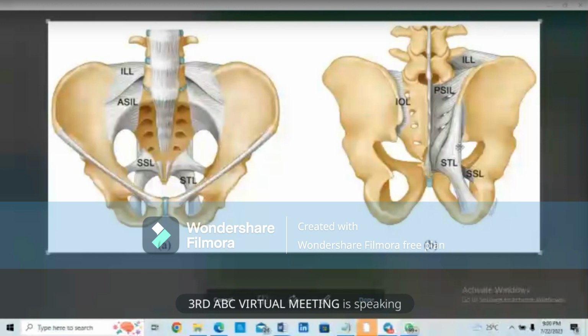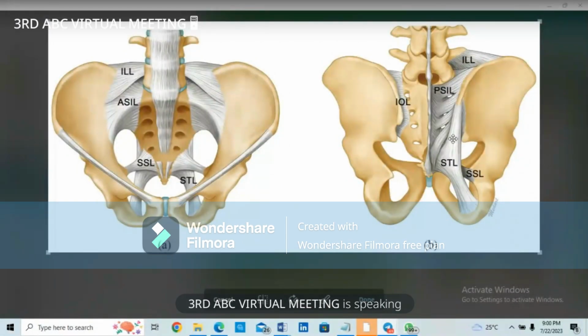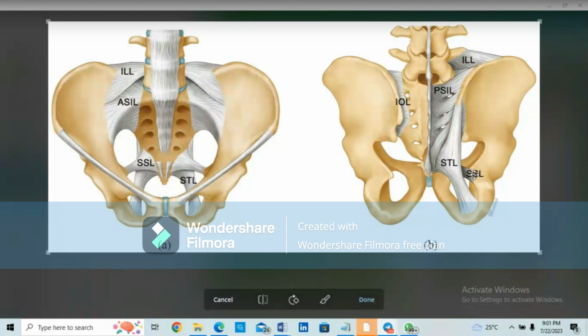So when these two ligaments intersect, they tend to form foramina, two of them. This greater sciatic foramen and this lesser sciatic foramen. So what forms the greater and the lesser sciatic foramen is the sacrotuberous ligament and your sacrospinous ligament, which is running laterally from the ischial spine to the lateral surface of the sacrum inferiorly.